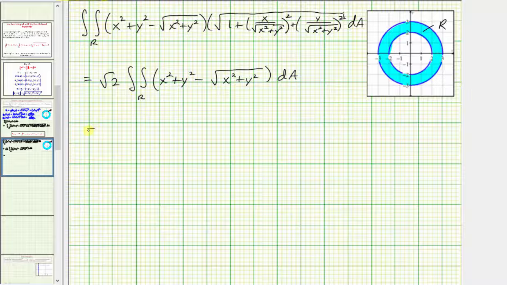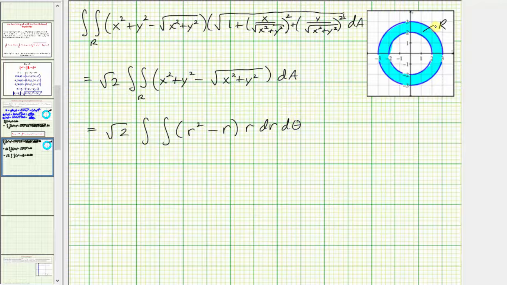So in polar coordinates, we would have the square root of 2 times the double integral over the region R of, again, x squared plus y squared is equal to r squared, minus the square root of r squared, which would just be r, and differential a is equal to r dr d theta. And now we'll determine limits of integration for r and theta.